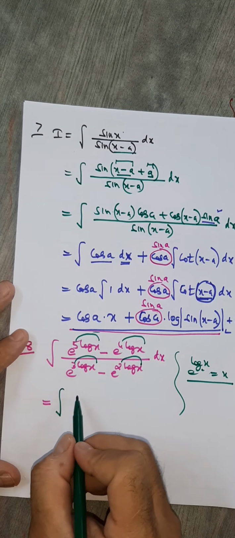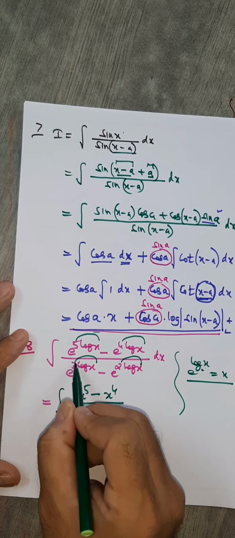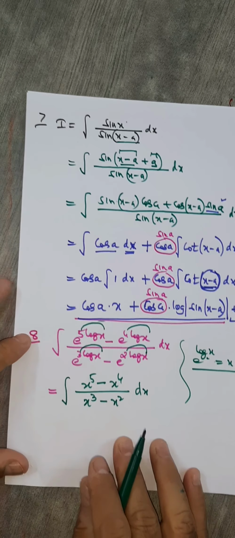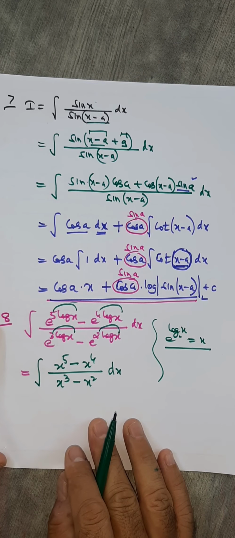So once this goes in power, this is x raised to 5, this is x raised to 4, this is x cube, and this is minus x squared. This is a simplification with the help of properties of logarithmic functions, remember.